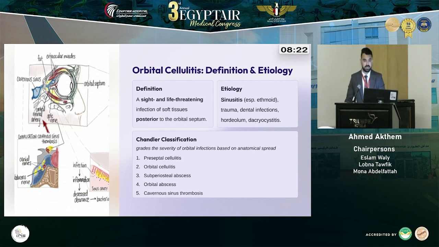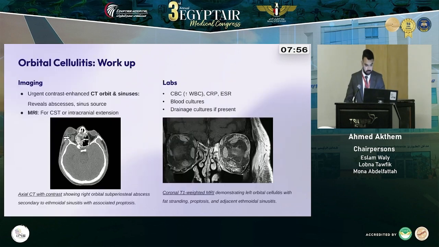The most common cause is sinusitis, especially ethmoid, also trauma, dental infections, hordeolum, and dacryocystitis. One of the important classifications here is Chandler's classification, which grades the severity of orbital infections based on anatomical spread. It is a 5-grade classification, starting with preseptal cellulitis and ending with cavernous sinus thrombosis.